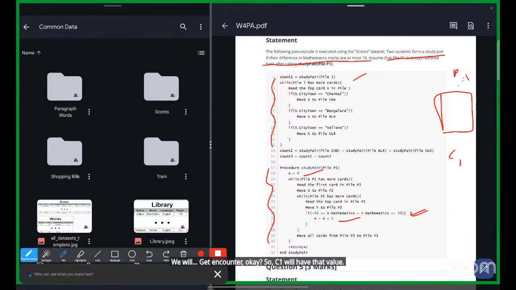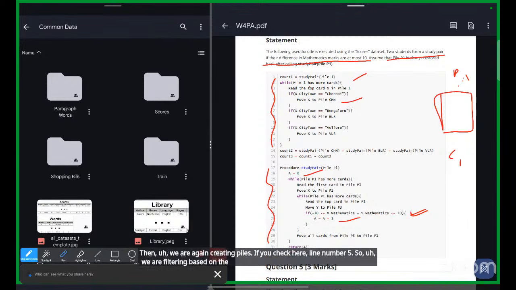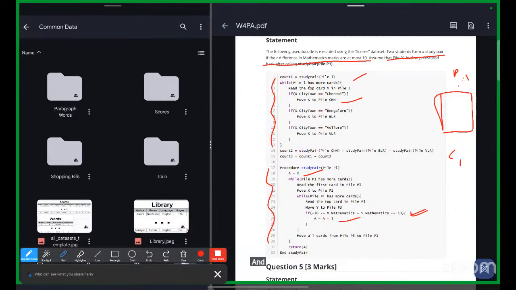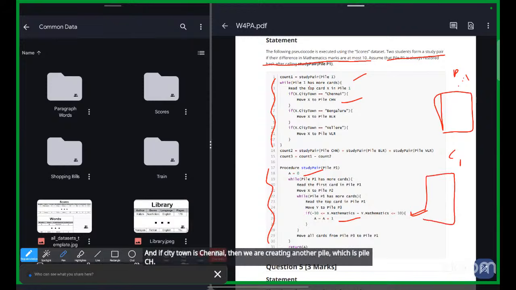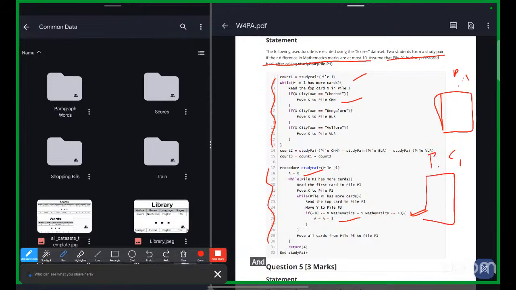Then we are again creating piles. If you check line number 5, we are filtering based on the city town, and if city town is Chennai, then we create another pile, which is CHN.